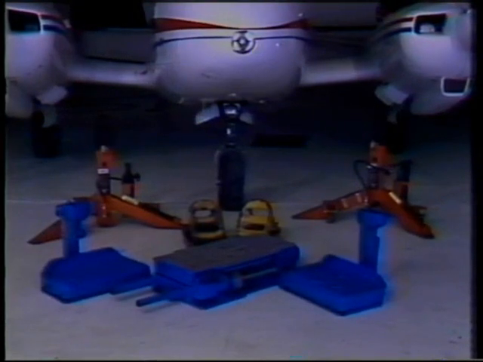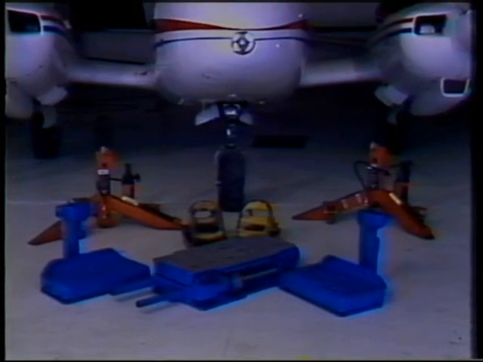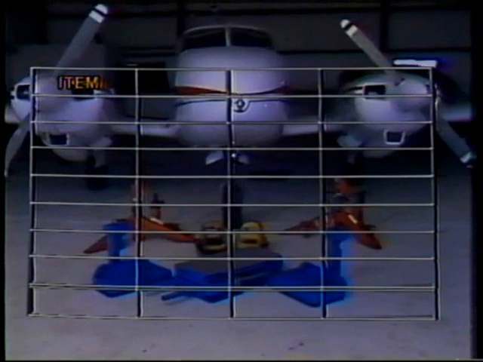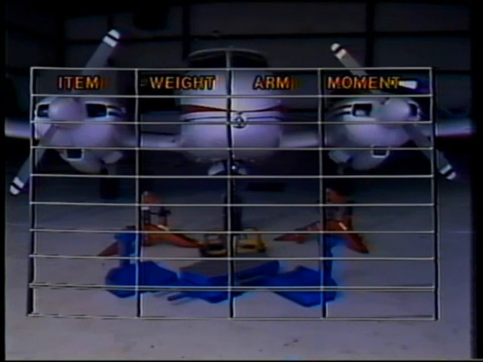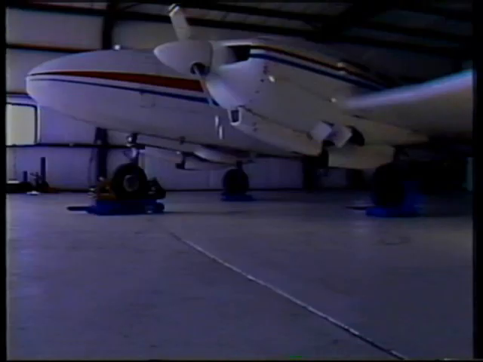Before making any weight and balance calculations, make a simple chart with lines for each item in the problem and columns for the weight, the arm, or the distance from the datum, and the moment for each item. Aircraft are normally weighed with scales at the center line of each wheel or at specified weighing points. These points are located by station number.